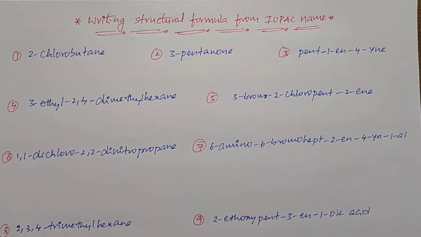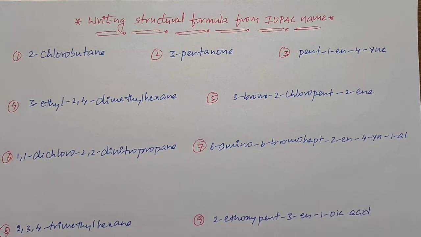Suppose 2-ene is given, we keep the double bond between the second carbon and the third carbon. Suppose 3-yne is given, we keep the triple bond between the third and fourth carbon. After that, the secondary suffix is the indication of the functional group, so we keep the functional group at the proper position given by the position number.